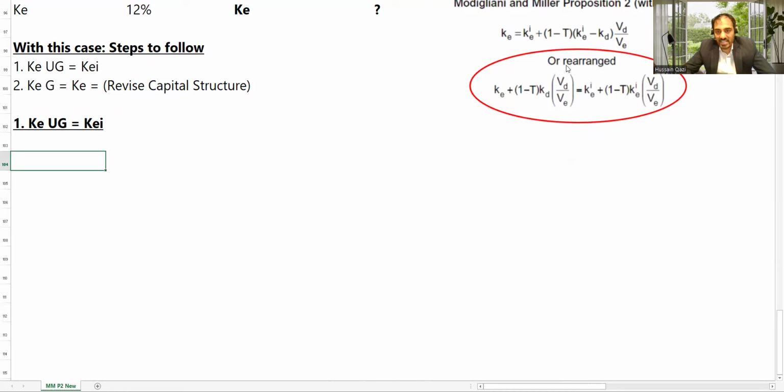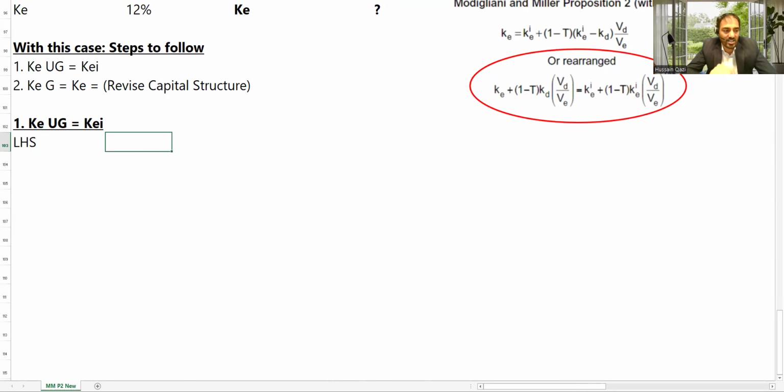Here the examiner says that there is a rearranged version, that is left hand side and right hand side. The left hand side is K plus (1 minus T) KD VD upon VE, equal to the right hand side, KEI, that is ungeared K, plus (1 minus T) KEI VD on VE. So the steps the examiner says: first calculate the left hand side.